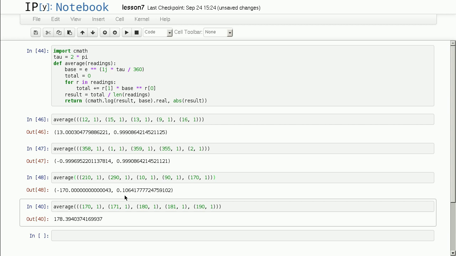And if you think about what's going on here, what we're doing is we're taking an average of a bunch of vectors that are going all different directions. And it turns out that their result is pretty close to the origin, which means that this average direction of -170 degrees is a weak result.